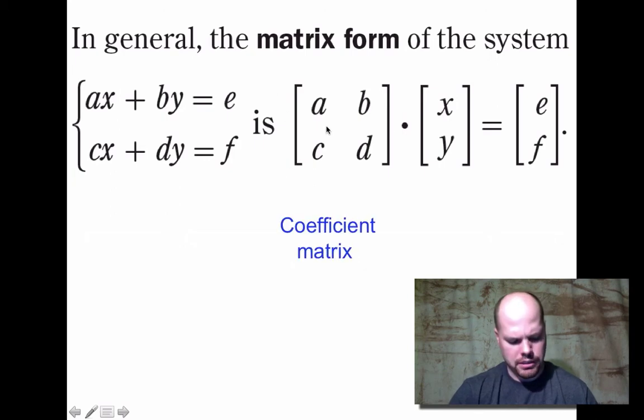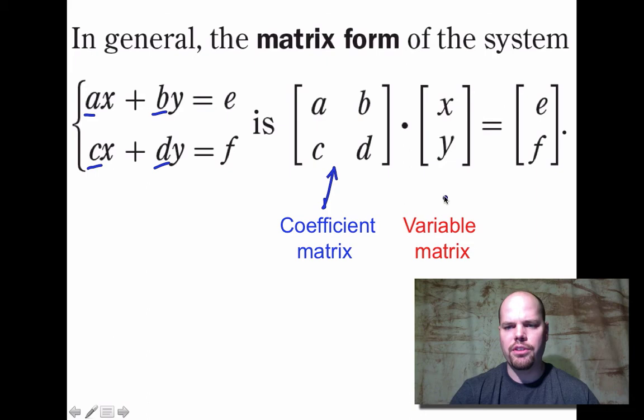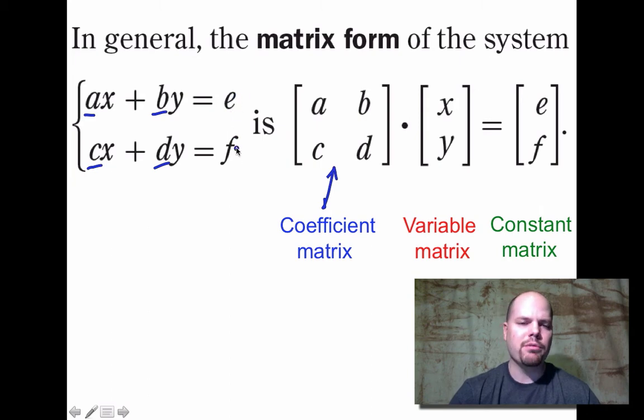So this first one is the coefficient matrix, because look at this: the a, the b, the c, and the d are the coefficients of the variables. This one is called the variable matrix. And what they're equivalent to is the constant matrix. Usually these are just constant numbers that we've looked at for the last 2 sections.